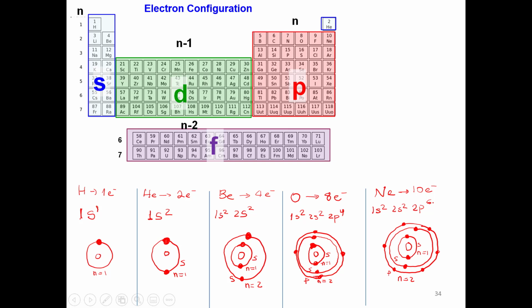I did the electron configuration for a few elements in both ways, so you can understand the meaning of each of these numbers, letters and exponents in this notation. Now you understand what is the meaning of the 1, the s, and the 2.